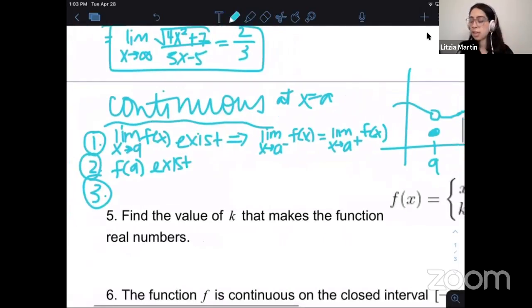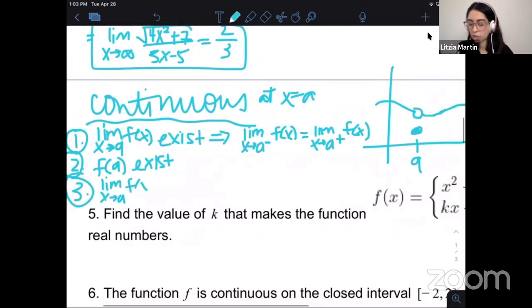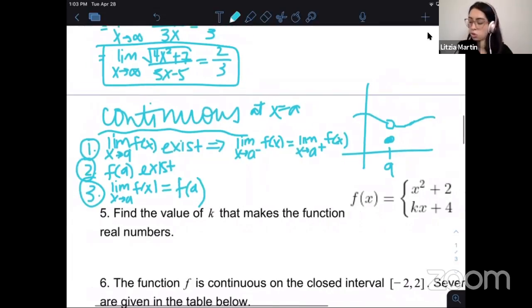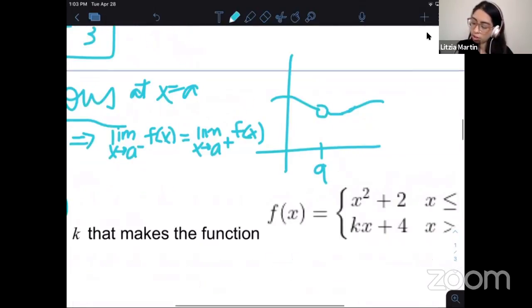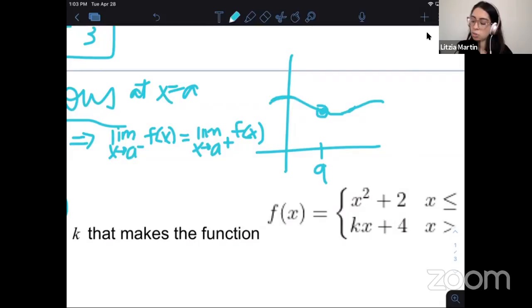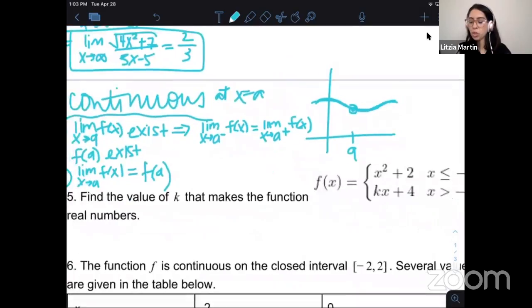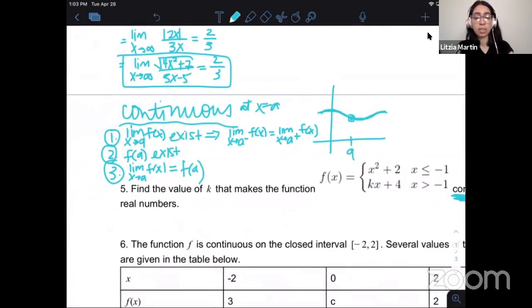But then the last thing that needs to be true is that the limit as x approaches a has to equal f of a. So that point has to fall in line with that limit. Since that hole is filled in, it's one continuous function there. So that is the definition of continuity, how to prove if something is continuous.